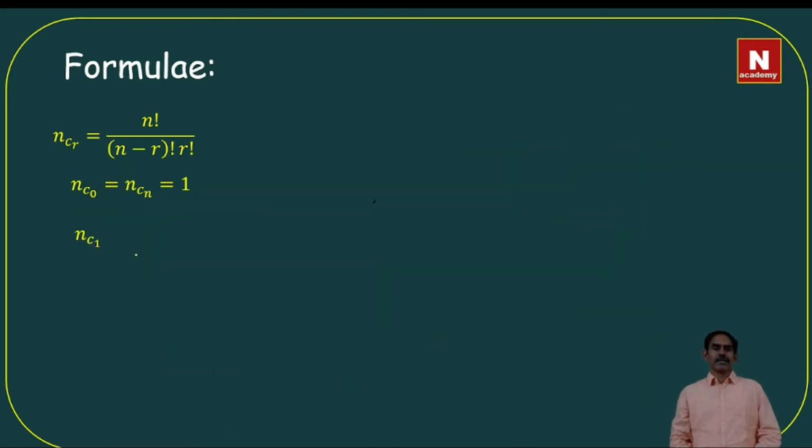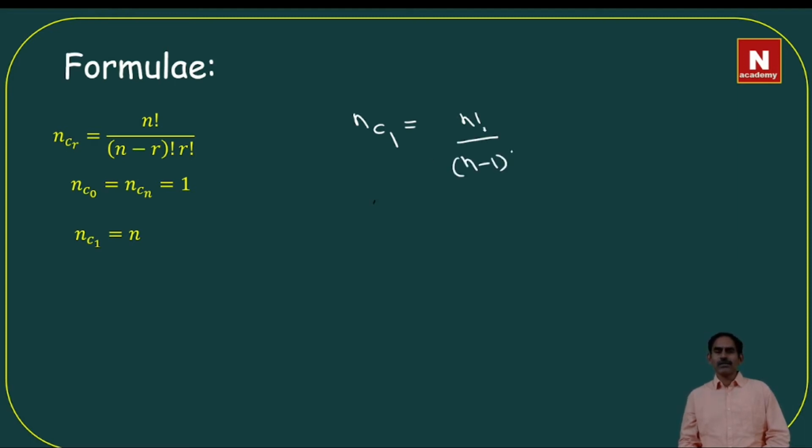The next formula is nC1 equals n. The proof is the same again. I'll substitute r equals 1. Finding the nC1 value: n factorial by n minus 1 factorial into 1 factorial. The numerator n factorial can be written as n minus 1 factorial into n.